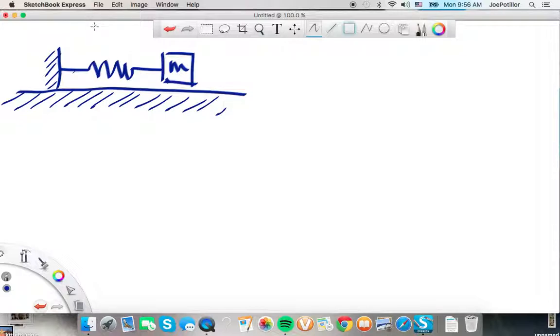Now, consider this the natural position of this mass. It's on the track. This is at x equals 0. We'll call it equilibrium, or the origin point.